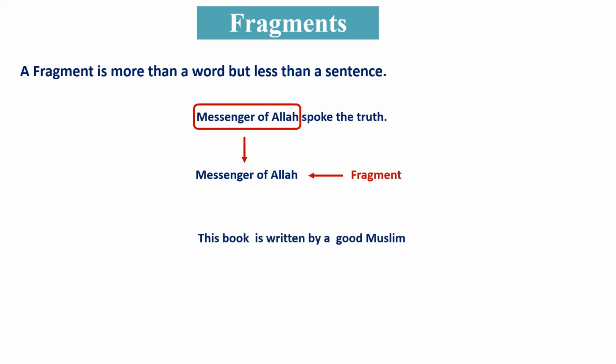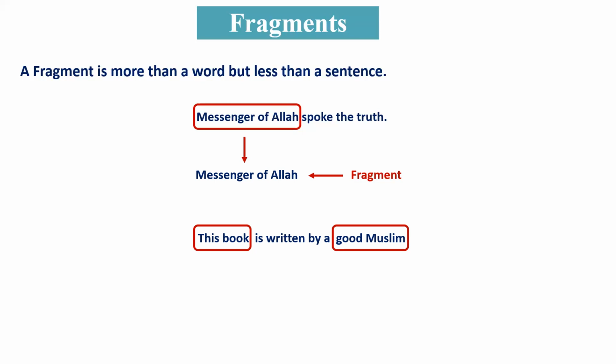Another example. This book is written by a good Muslim. This is a complete sentence in the English language. Now I'm going to remove 2 fragments from it. This book is a fragment. It is more than a word, made up of 2 words, and less than a sentence. Similarly, good Muslim would be a fragment.